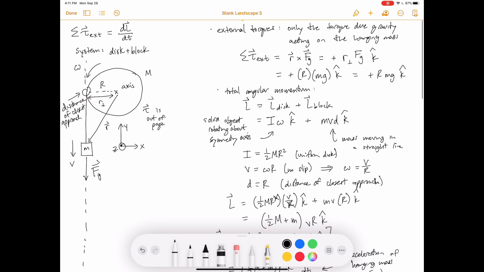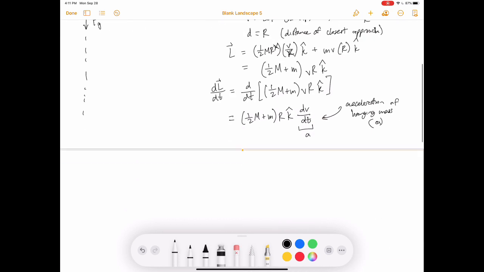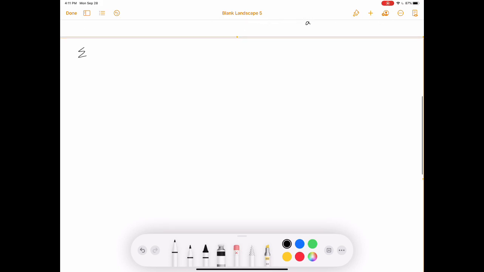So not only do we have the left side of the original equation, which is the net external torque, we also have the right side, which is dL dt. So let's put it all together. The net external torque is equal to dL dt. For the net external torque, we have R little mg k hat.